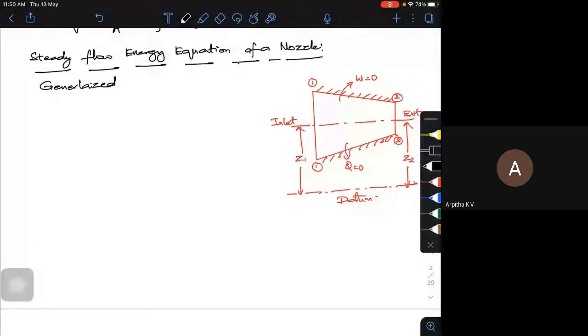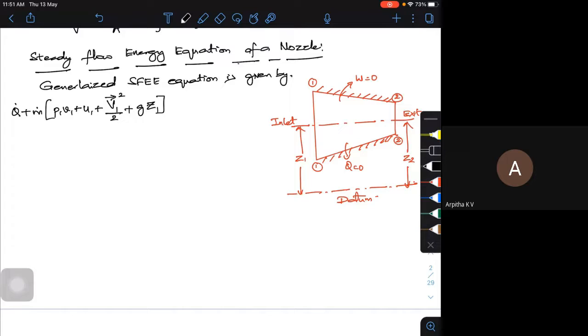we have the heat loss plus mass flow rate into, at the inlet, P1 V1 plus U1 plus kinetic energy, that is V1 square by 2, plus g into Z1.